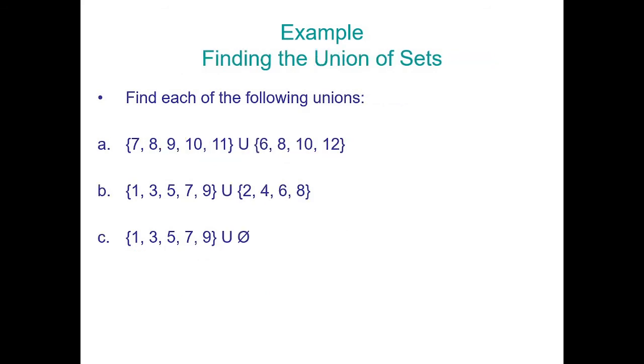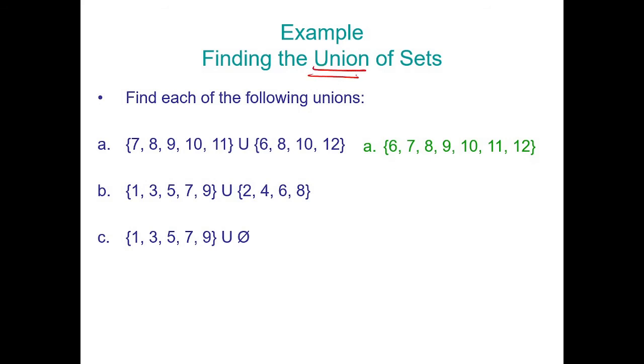Okay? Now, what about union? Let's have letter A. What is the union of the two? 8 and 10. Take note, this is not intersection. Union means all the elements: 6, 7, 8, 9, 10, 11, 12. There you go. So when I say union, all elements.